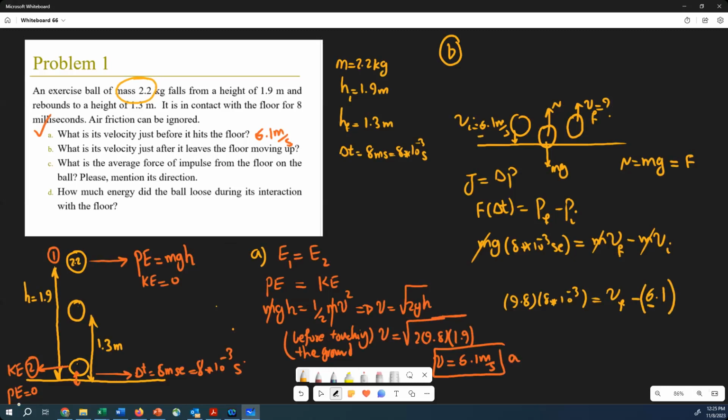If we rewrite this, it's going to be 9.8 times 8 times 10 to the power of negative 3 equal VF plus 6.1. So VF will be 9.8 times 8 times 10 to the power of negative 3 minus 6.1. Calculate this, please. Just multiply 9.8 times 8. I got -6.02.